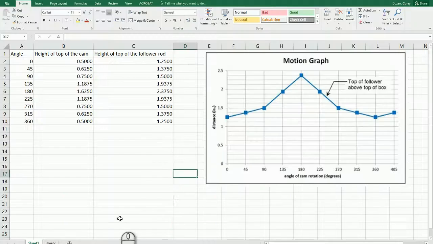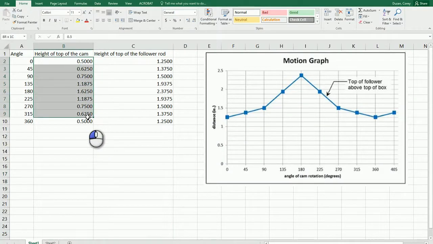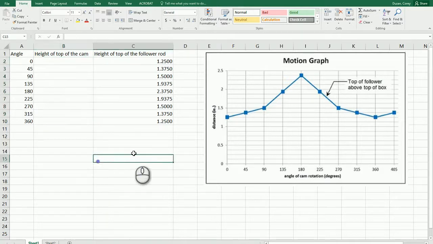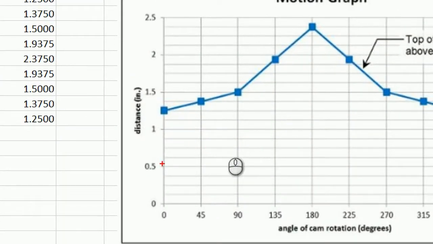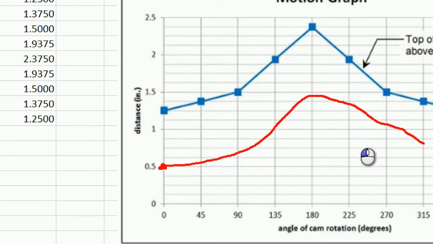Let's go ahead and jump over into Excel. I've already given you some of the answers, I'm going to pull those off. So the height of the top of our cam at 0 degrees, they said had to be ½ an inch. At this point, we know that there is going to be a follower rod, and the follower rod is going to be able to go up and down, which means that this distance is always going to stay constant because there is going to be a connection between the follower rod and the actual cam.